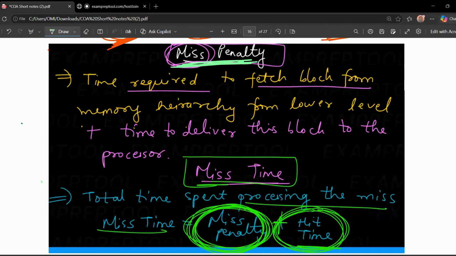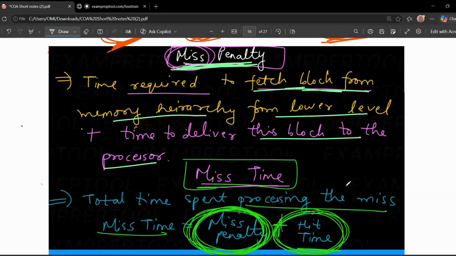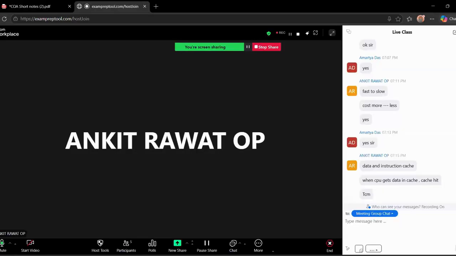The miss penalty is the time required to fetch the block from the lower level of the memory hierarchy, plus the time to deliver this block to the processor.